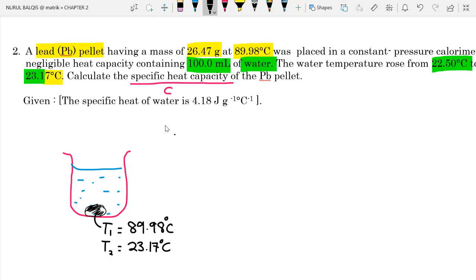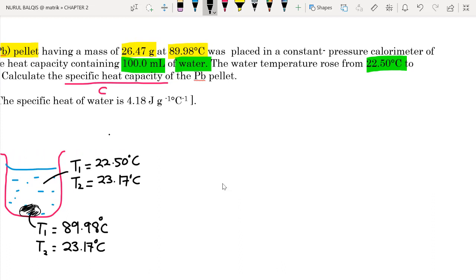And what about the water? The water initially starts with 22.5 degrees Celsius, and it ends with the same temperature as the lead pellet, which is 23.17 degrees Celsius. So the one whose temperature has dropped will be the one that releases heat, and the one with the temperature increase will be the one that absorbs heat.